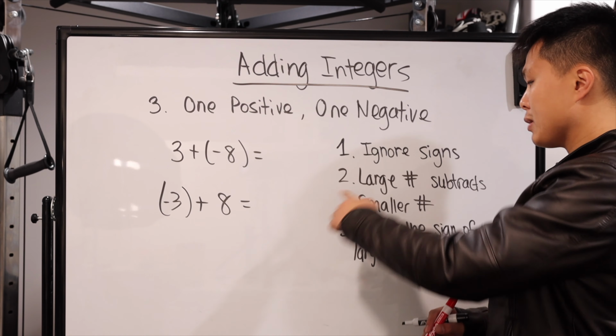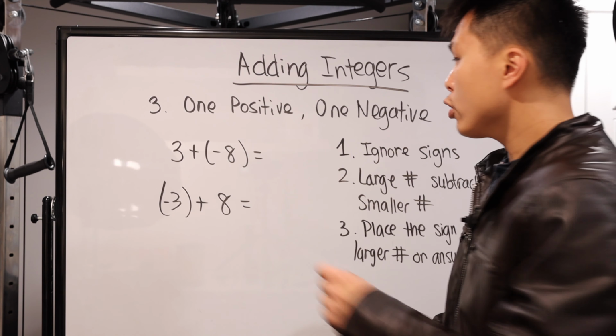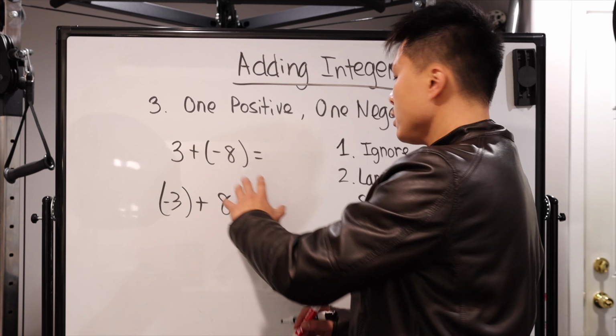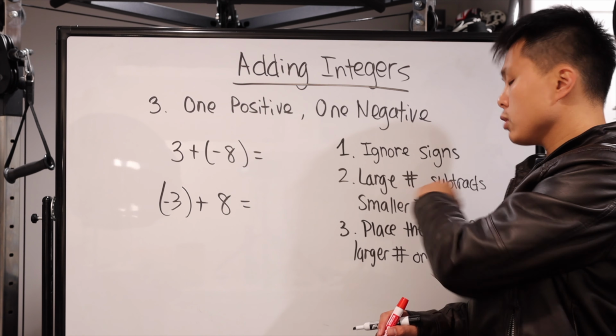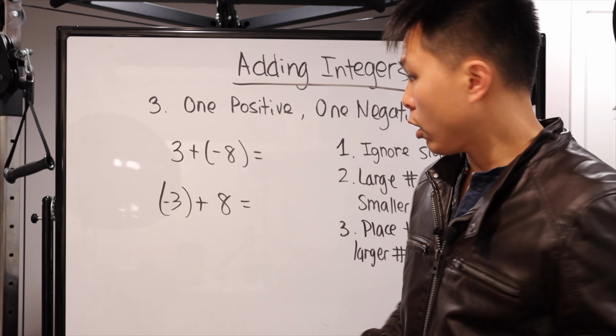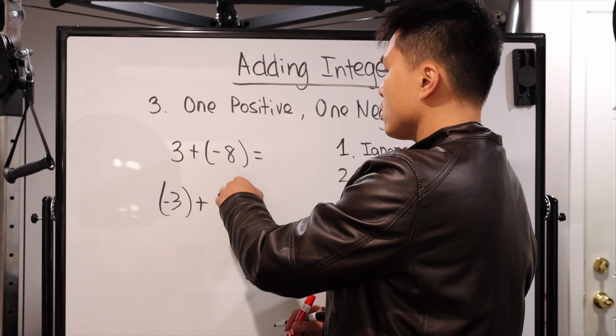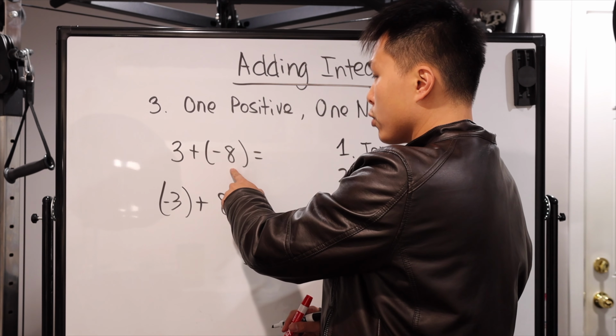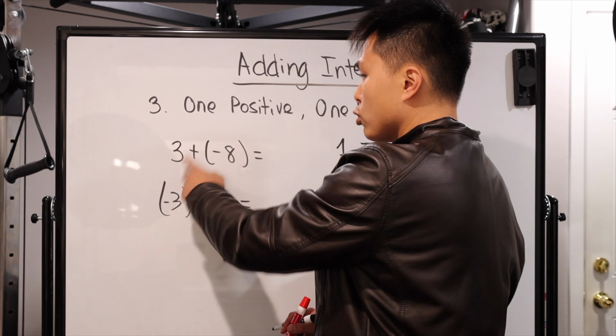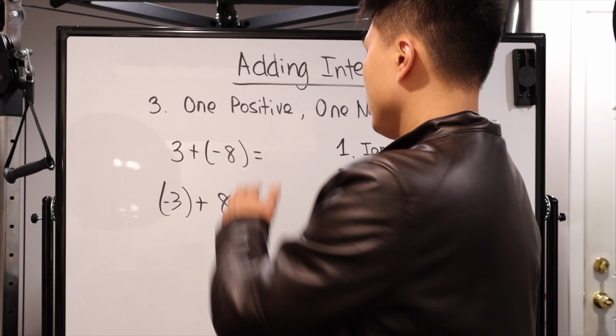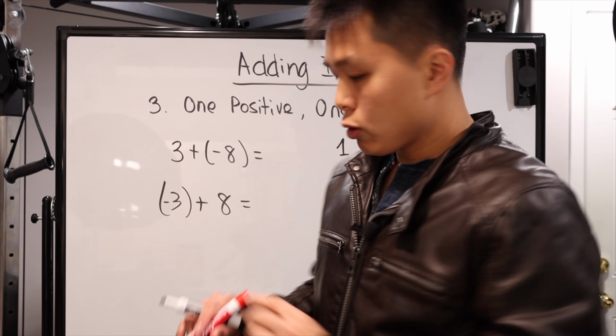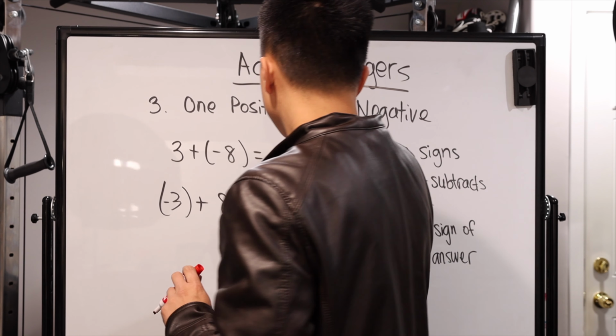The reason for that is because we want to go to step 2. We want to look at the number itself, ignoring the sign. We want the larger number, and we're going to subtract the smaller number from the larger number. So in this case, right, 8 is the bigger number, right, and we're going to subtract 3. So it doesn't matter that it's a -8. 8 minus 3, we're going to put 5 on it.